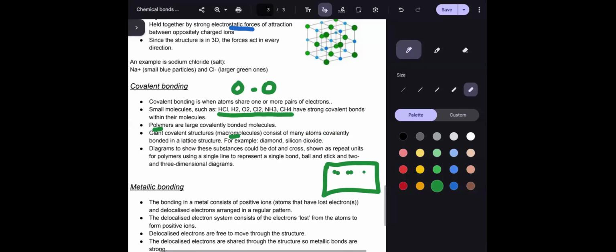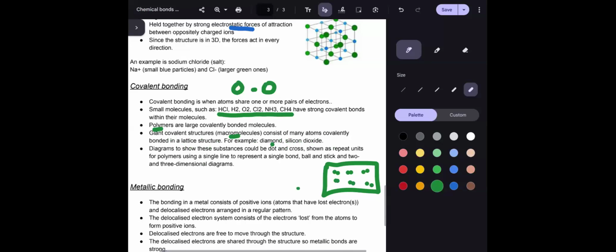So it will have the oxygen molecules bonded to each other, and then those double bonds will also be bonded to each other, but they will be bonded together in pairs like this as well, right? And so the giant covalent structure consists of many atoms covalently bonded in a lattice structure. Examples of these are diamond and silicon dioxide.